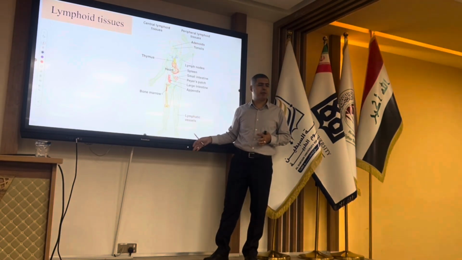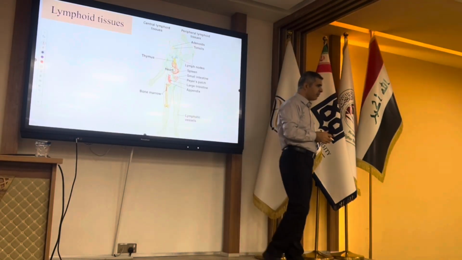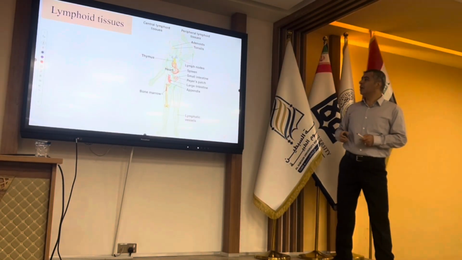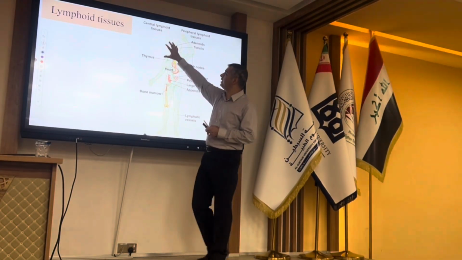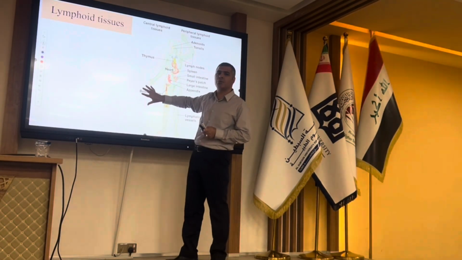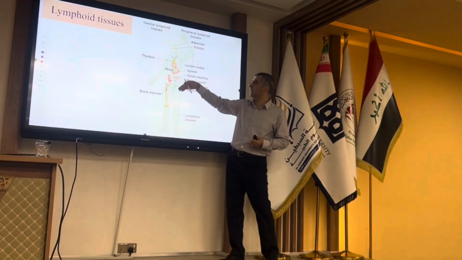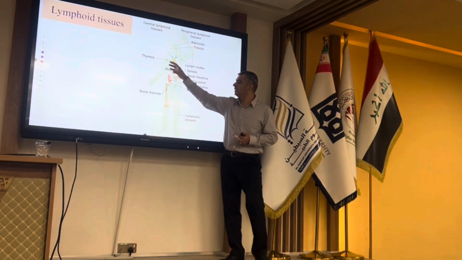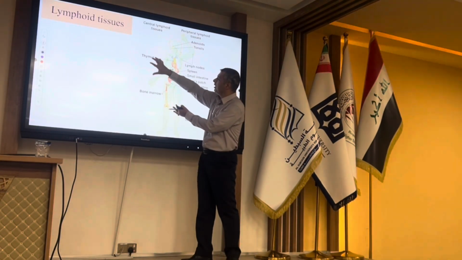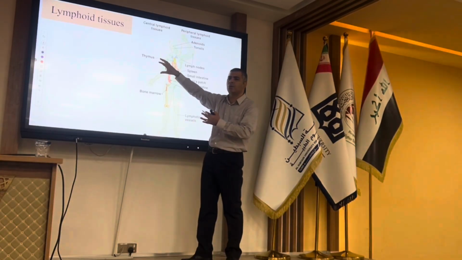So we do not have any exposure to foreign antigens inside the thymus and bone marrow because the cells are not mature. We have immature cells that develop inside the thymus and bone marrow.